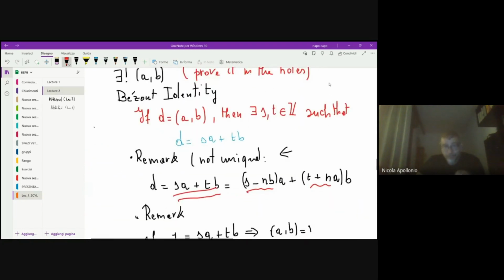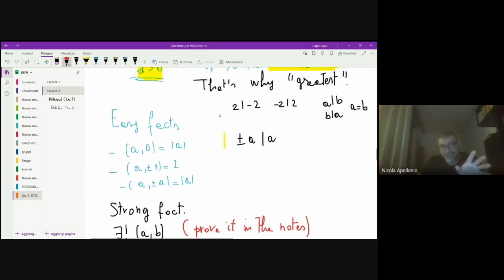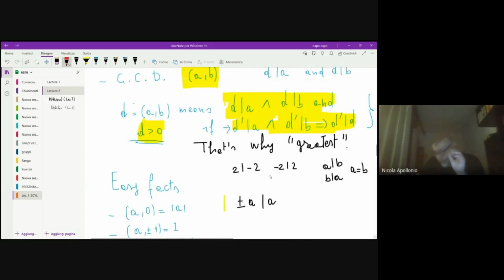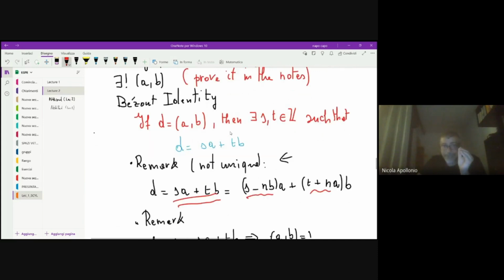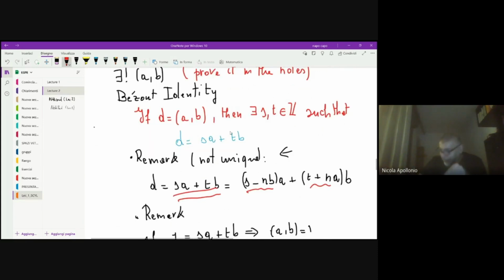And so the existence and the unicity follow by the well-ordering principle, and also the definition of the greatest common divisor, followed by the well-ordering principle, implies Bezout identity and therefore a way of inverting arithmetically elements in the ring modulo n, at least when the element to be inverted and the modulus are coprime.